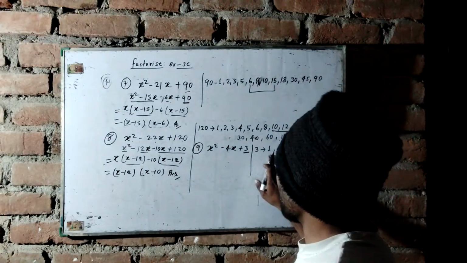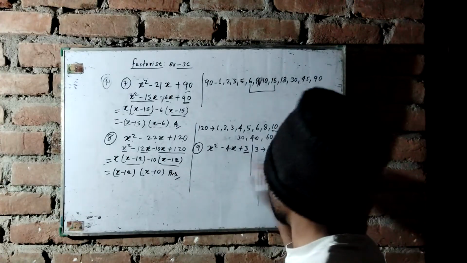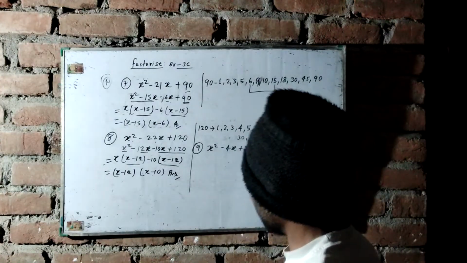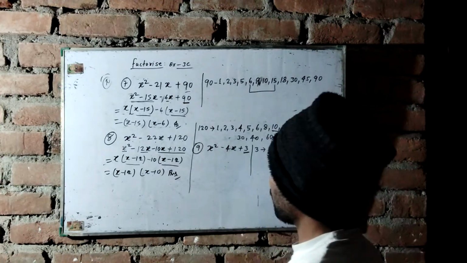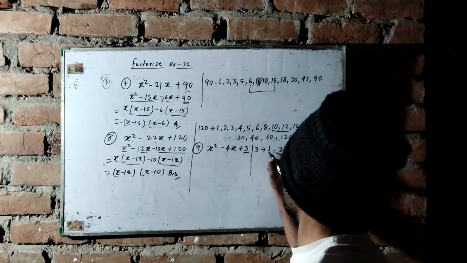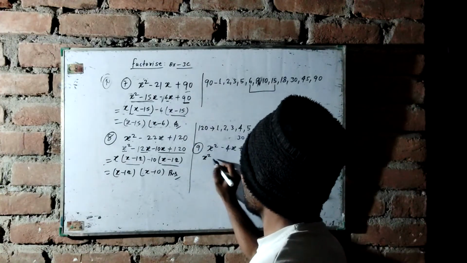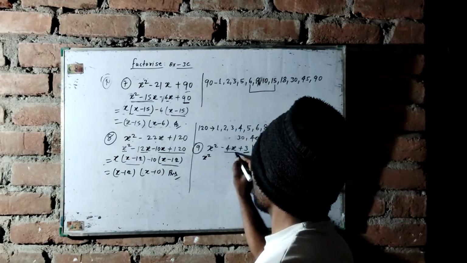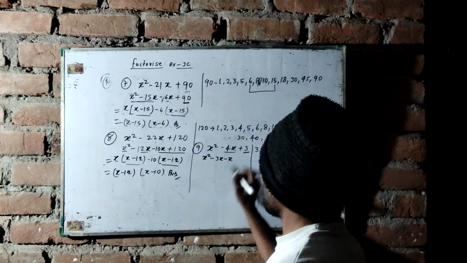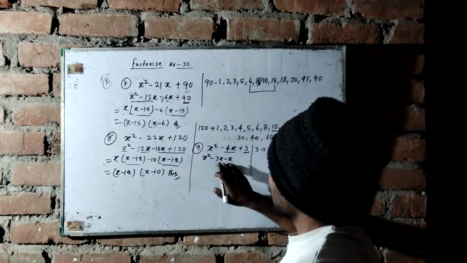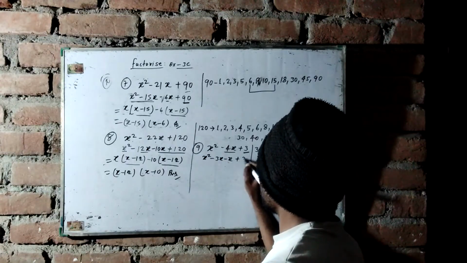We have two numbers 1 and 3 whose sum will be 4 and product will be 3. But we can see here minus 4x, so we need to take the minus sign with the two numbers 1 and 3. So we can write x squared minus 4x as x squared minus 3x minus x plus 3, because their sum will be minus 4x and their product will be plus 3.